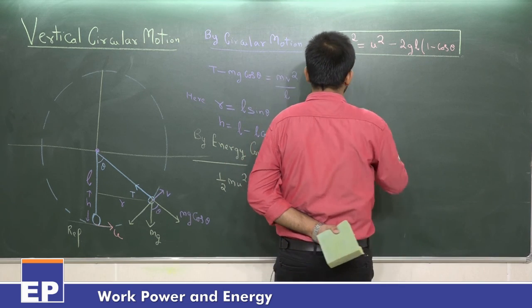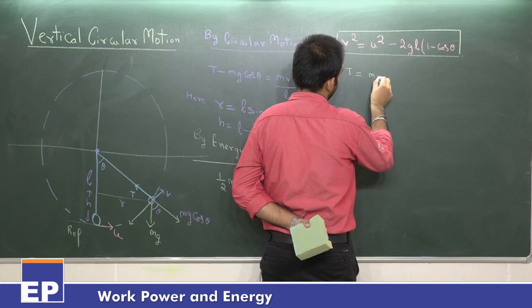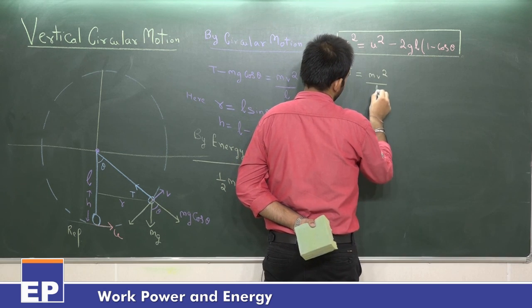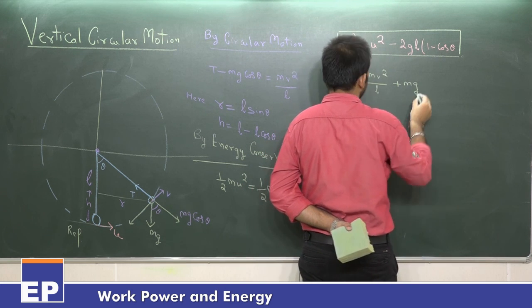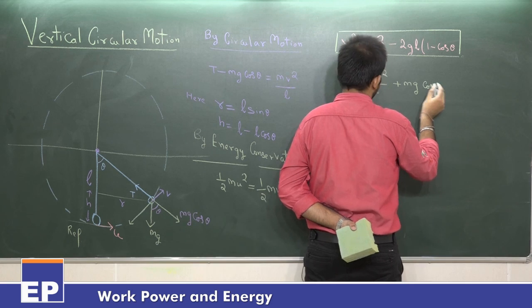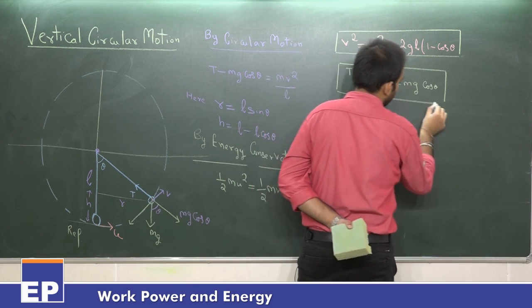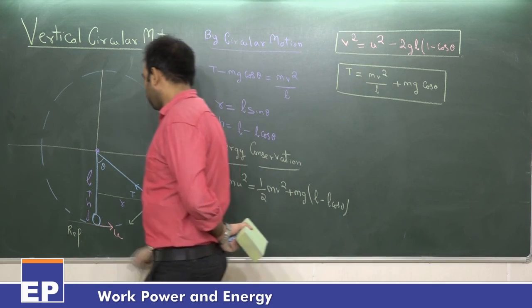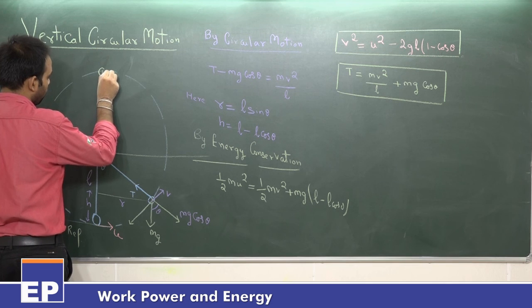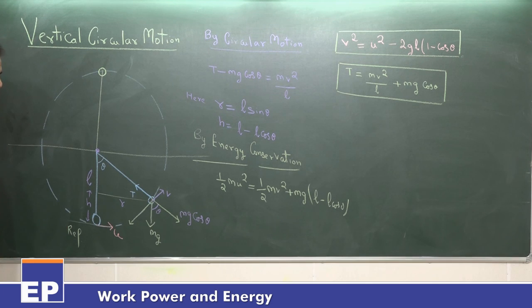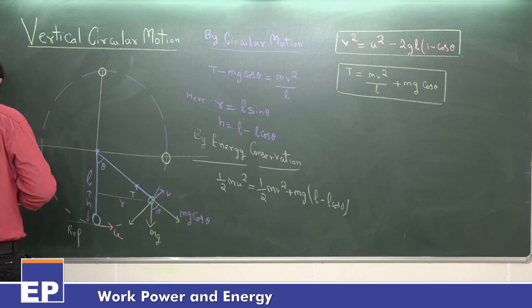And this is T, mv square by L plus mg cos theta. If you will observe it, as it moves upward, the theta will increase till its topmost position. ये इसकी टॉप है, ये पॉइंट है जहां पे हॉरिजॉन्टल है.